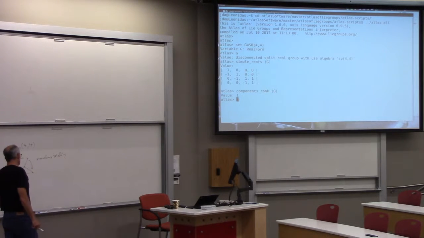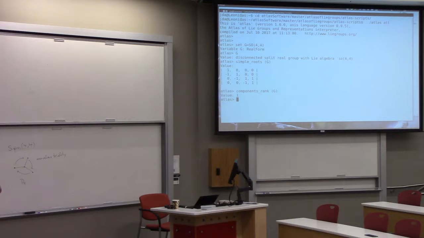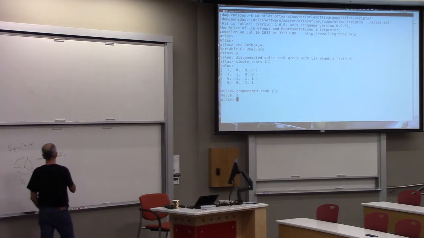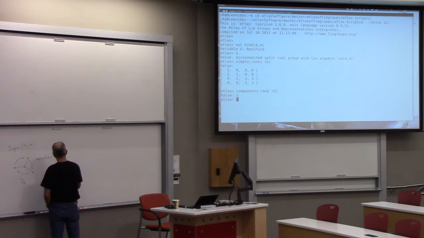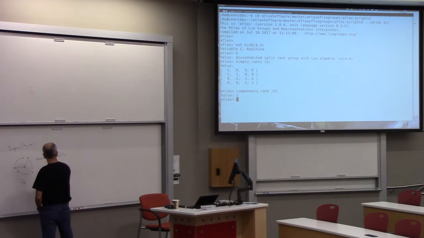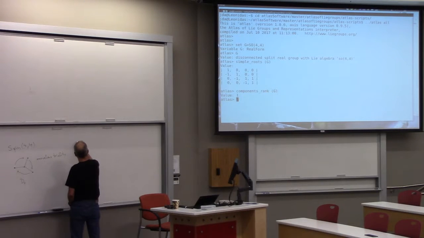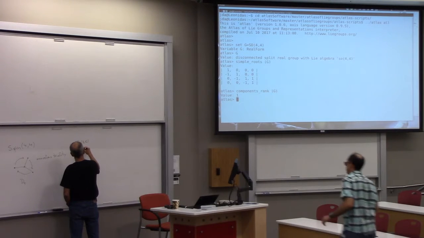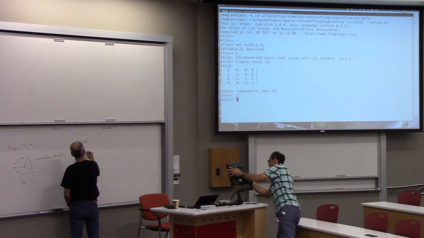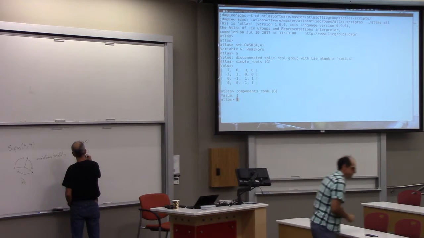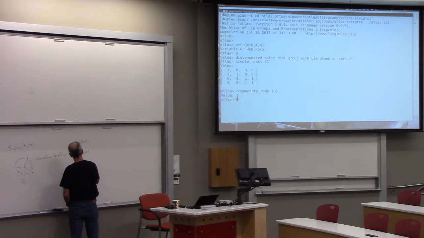And the first thing that you might want to ask is what happens on the group level. So spin 4,4, actually let's just do the complex groups for now. Spin 8C is a twofold cover of SO8C, which is a twofold cover of the adjoint group.